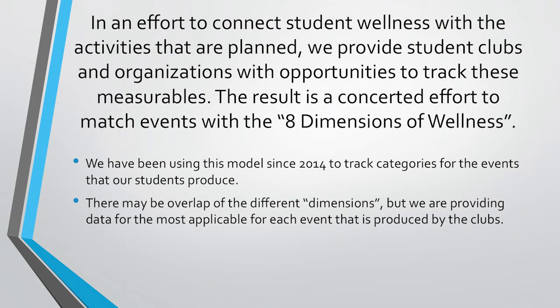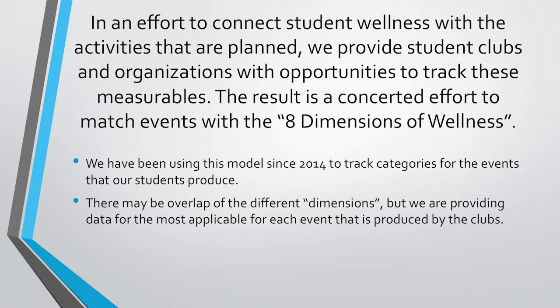In an effort to connect students' wellness with activities that are planned, we provide our students and organizations with opportunities to track these measurables. The result is a concerted effort to match events with the 8 Dimensions of Wellness. We have been using this model since 2014 to track categories for the events our students produce.